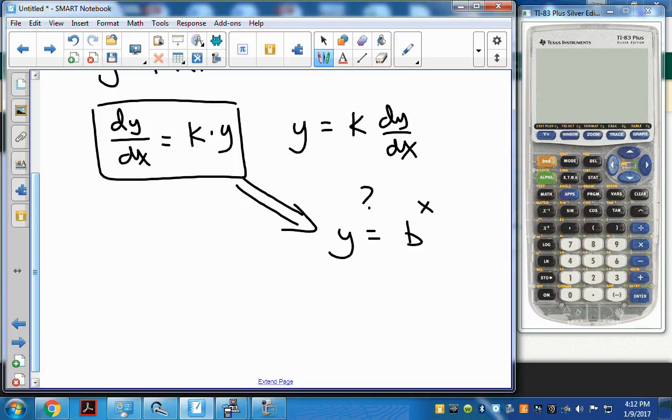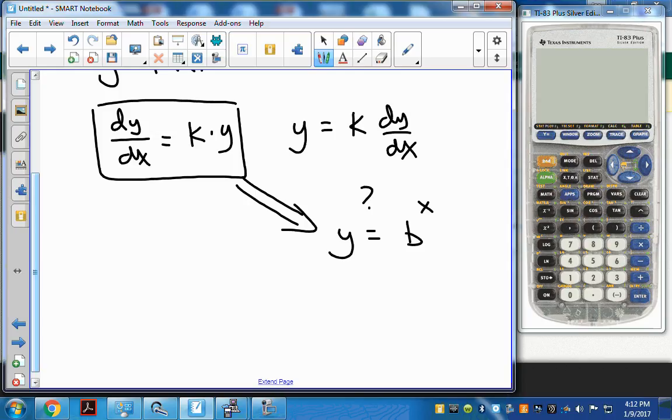Is that necessarily true? And it will be true. We're going to work through a number of specific examples, and you'll sort of see that this idea of the rate of change being proportional to the function itself always leads to exponential functions, either growth or decay.